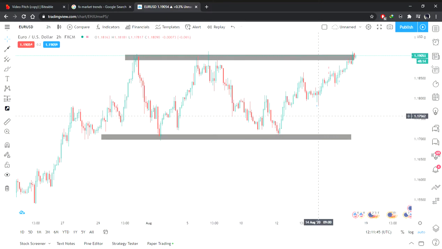Now for EURUSD, here the market does not make those higher highs and higher lows. Usually the swing highs are equal and the swing lows too are approximately equal. So let's look at this swing high. This is a swing high, this is a swing low.